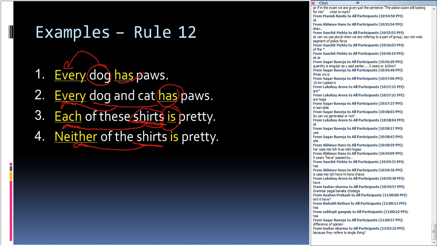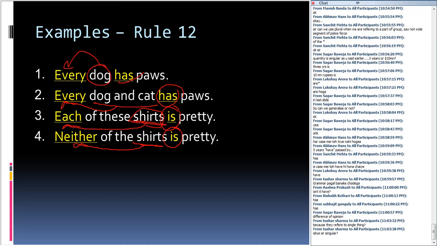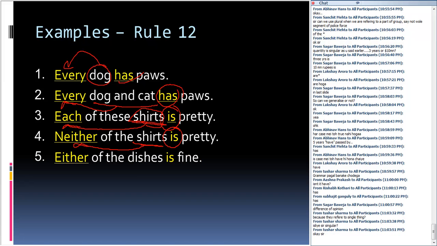That is why you have a singular verb. Because they refer to a singular thing. Yes, Tushar, you're right. Each of the dishes is fine. दोनों में से कोई भी डिश ले आओ, दोनों में से कोई भी एक. So either of the dishes is fine, not are fine.